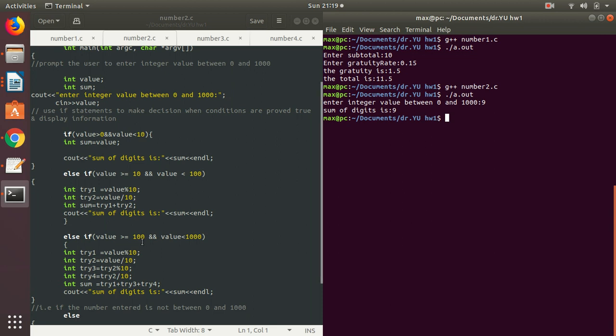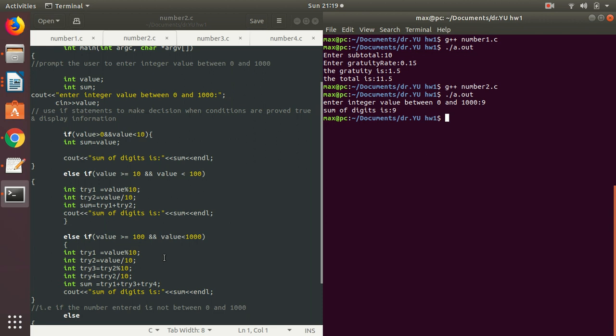When it's a 3-digit value, it will satisfy this condition, which is value greater or equal to 100 and value less than 1000, meaning it is from 100 to 999.